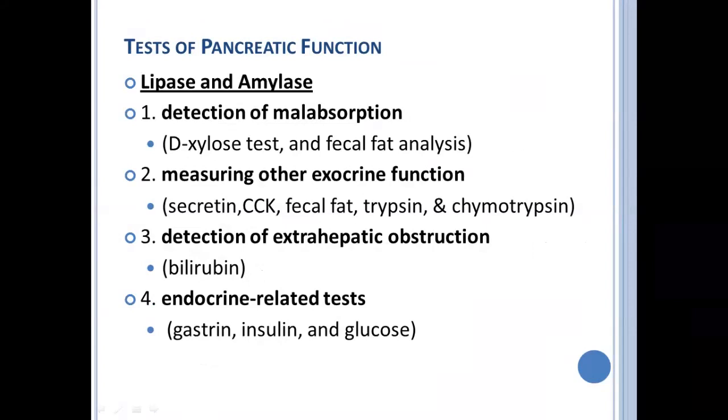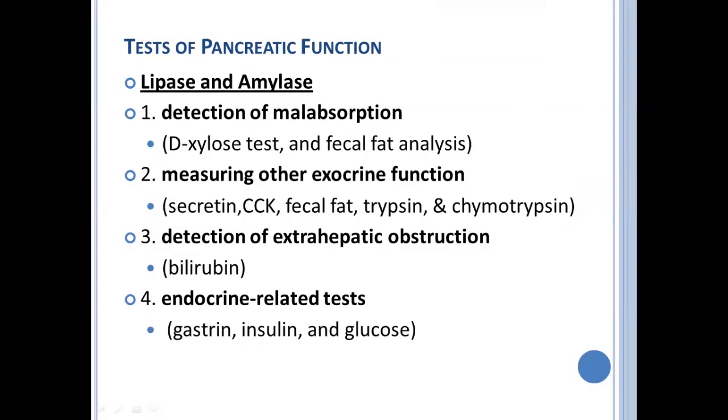Okay. So, these are the tests. Very important tong tests na to. Of course, the lipase and the amylase, you discussed this in your lipid profile. Aside from the lipase and the amylase, these are the tests that will detect diseases of the pancreas. For the detection of malabsorption, we have the D-xylose and fecal fat analysis. Mamaya, aralin natin yan.